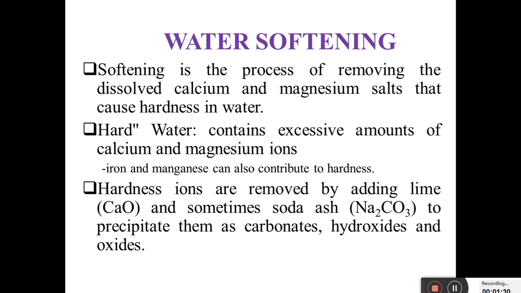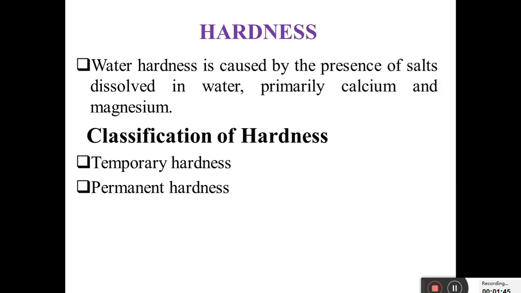Hardness ions are removed by adding lime and sometimes sodium carbonate, or soda ash, to precipitate them as carbonates, hydroxides and oxides. What do you mean by hardness?